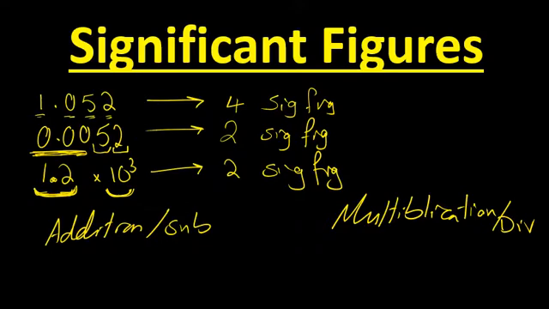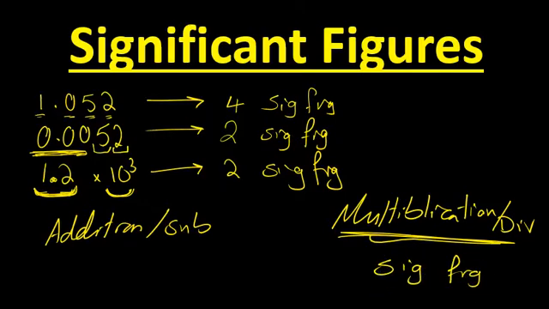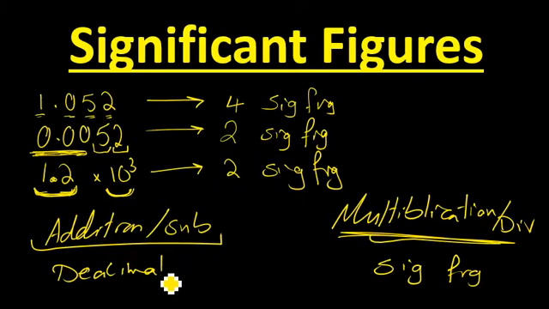In multiplication, we use the least number of significant figures. So in multiplication and division, we look at the least number of significant figures, and the answer will follow that. In addition and subtraction, we will look at the least number of decimals, and the answer will follow that.